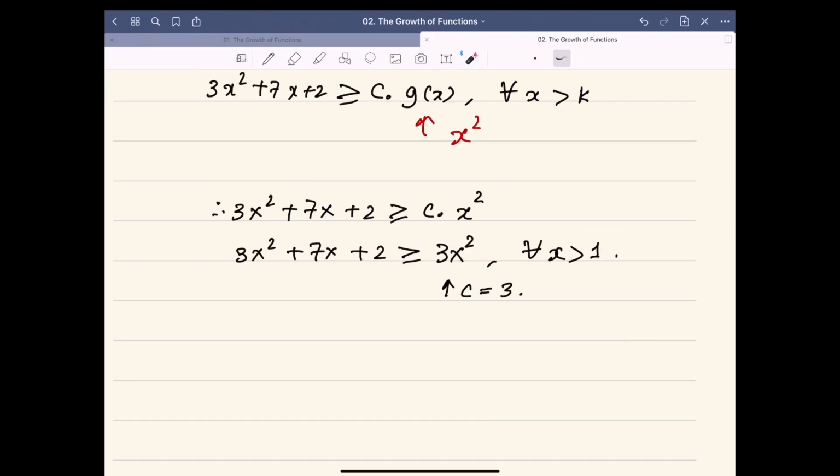As a result, we can say that if you have a polynomial such that all the coefficients are positive, then you can choose g of x as the power of x of the dominant term.